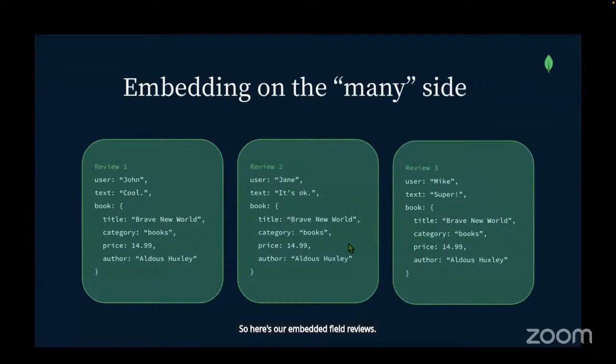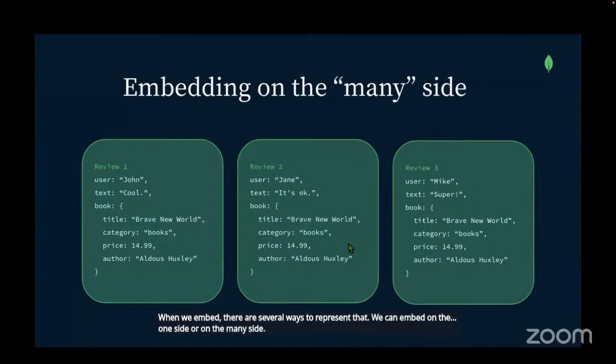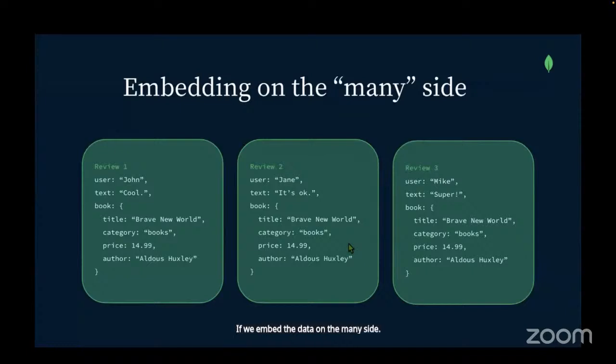So when we look at the one-to-many relationships, when we embed, there's several ways to represent that. We can embed on the one side or on the many side. If we embed the data on the many side, then we are going to create a separate entity for reviews.